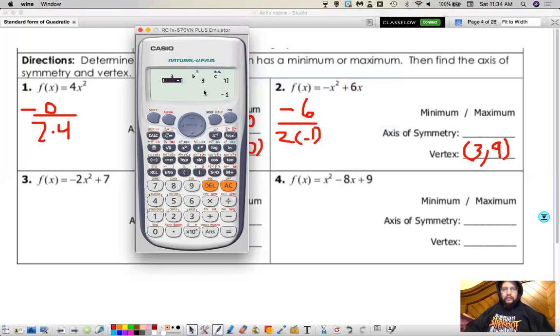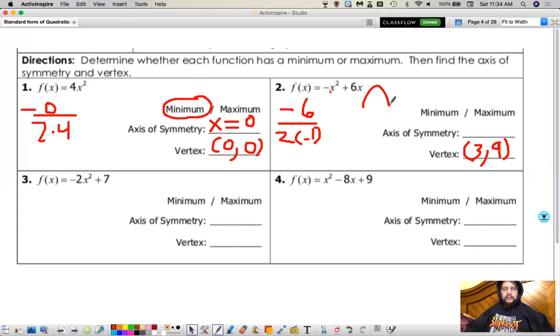Calculator, you could type it in here or just plug it in. Negative parentheses 3 squared plus 6 times 3, 9. This is negative. That means it's opening down. It's going to look something like this. This is symmetry. X equals, what is it equal? 3.